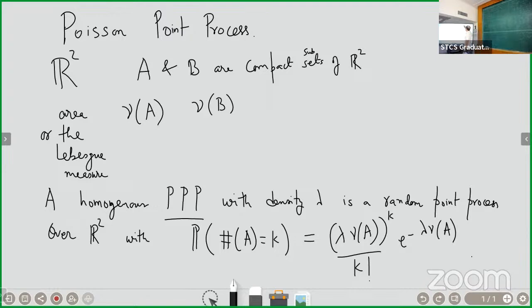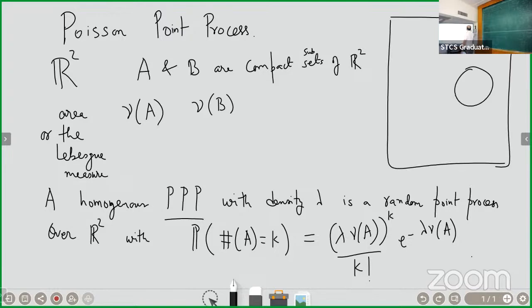Physically, what is going on is that if you take any set A, the density is what we really mean by density: the expected number of points of A is lambda times the area of A. So if I tell you the density of points in a certain area is lambda, that essentially means that multiplying by the area gives you the total number of points.